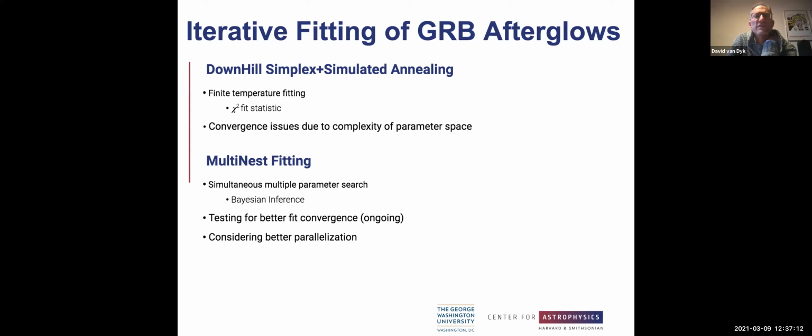There are things you need to add to go from chi-square fitting to a posterior distribution. That's a great question, but I can't answer it at this exact moment. I'd have to look back at the code and double check before I told you exactly what was happening, because I don't want to mislead you or misrepresent what the fitting is actually doing.